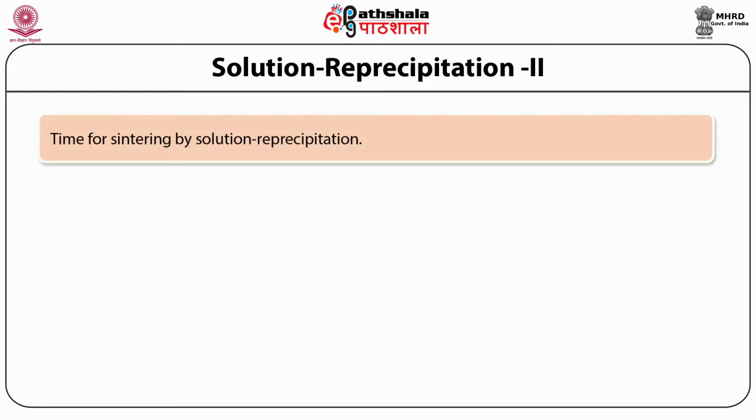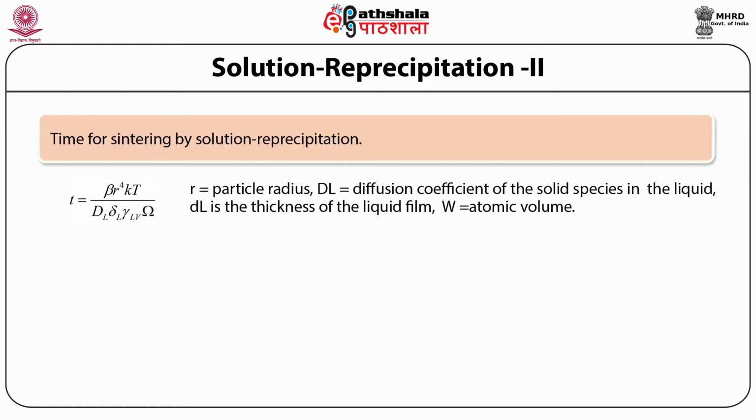So the time required for a given amount of sintering to occur due to solution reprecipitation is given by t equal to beta r to the power 4 kT divided by D_L gamma delta_L omega. Here r is the particle radius, D_L is the diffusion coefficient of solid species in the liquid, delta_L is the thickness of the liquid film, omega is the atomic volume.